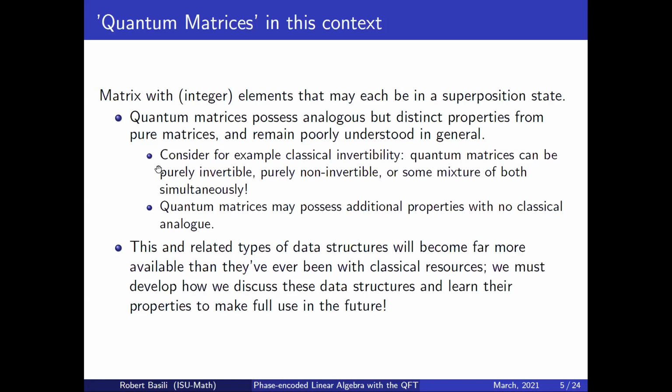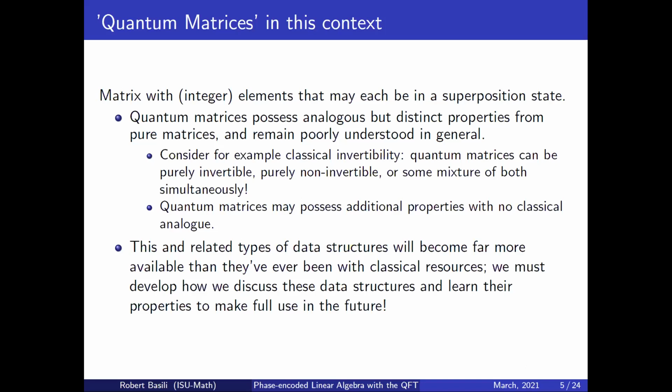The big difference is that these kinds of data structures, quantum matrices and various other data structures that will be like them, are native to these quantum computers that we'll soon have access to. If we're ever going to start using quantum computers, not just in this paradigm of computational basis, which I'll be getting to, we're going to need to figure out how to talk about these structures that will be native to quantum computers.